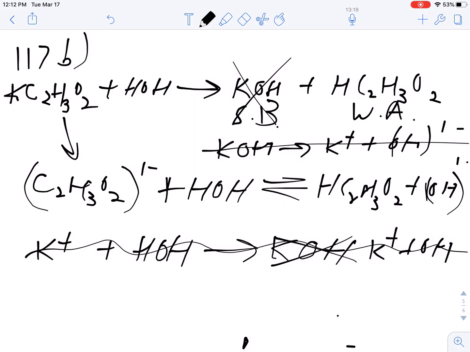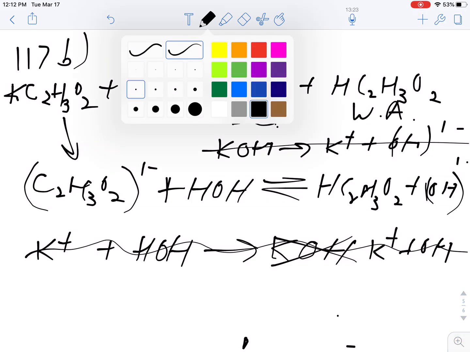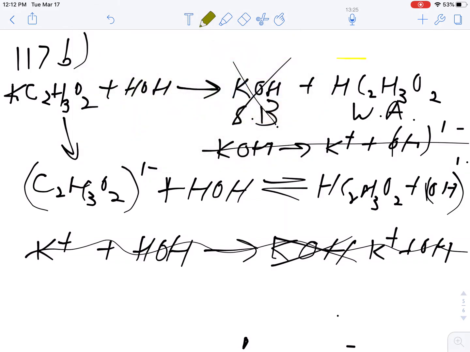So doing the double displacement, that helps us see that the solution is going to be basic. Why?